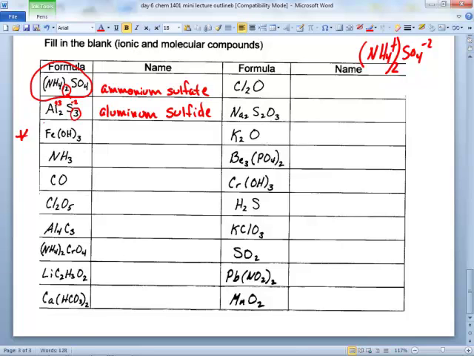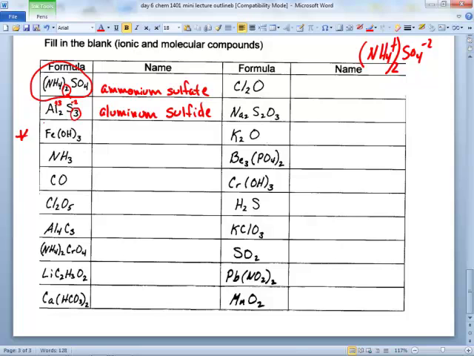Yes? Oh, it's so close. Just have the 3 right there. 3 is after the iron. You put it in Roman, you go right here. Okay, so I put the Roman numeral. You put the Roman numeral right there.